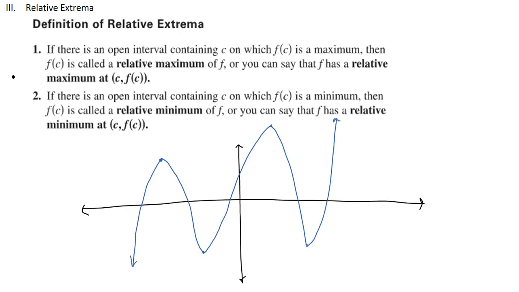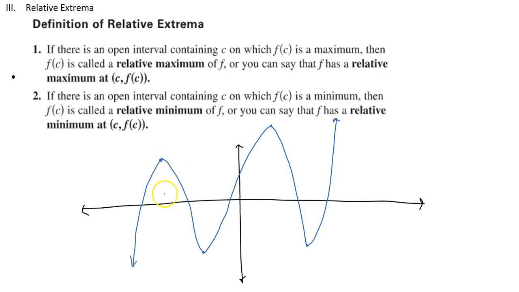If we look at this function, we can see that this function has no absolute maxima or minima on the whole interval, because if you look here, it's going to go down forever towards negative infinity on the left and up forever towards infinity on the right. So it doesn't have any absolute extrema on the interval from negative infinity to infinity. However, it does have some high and low points.